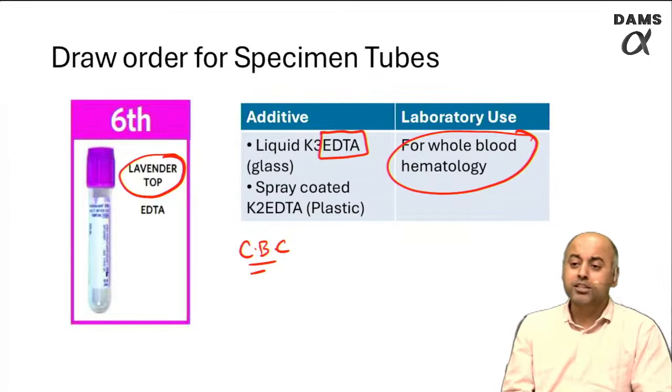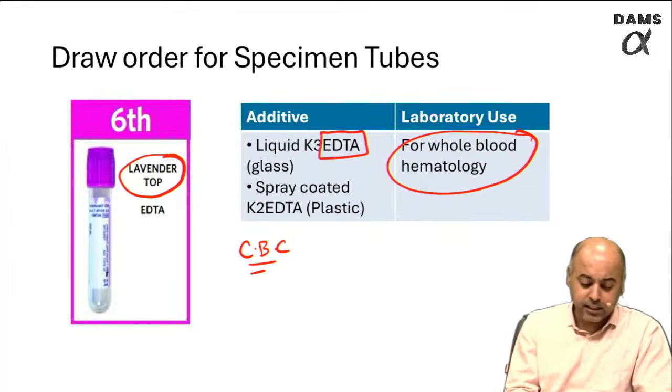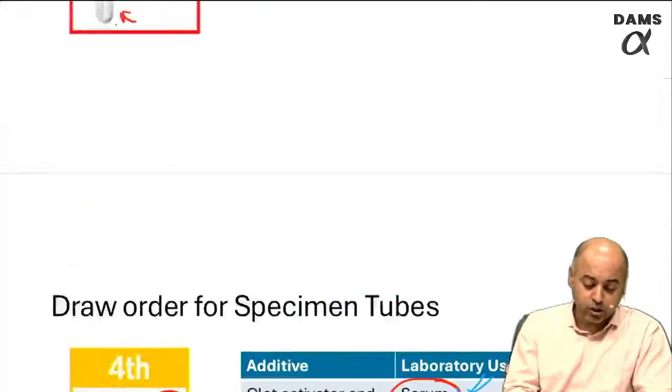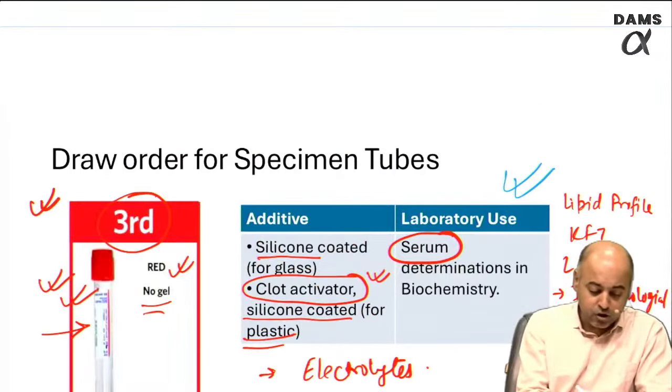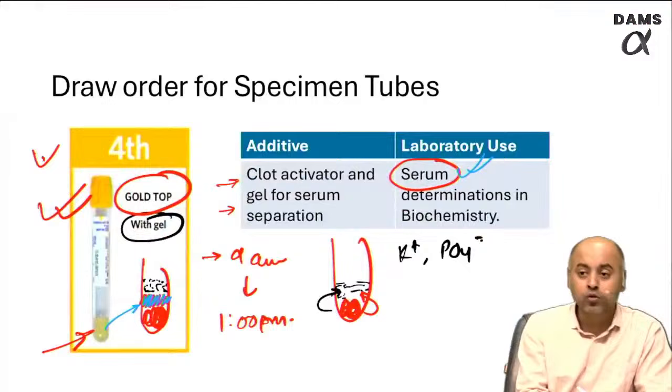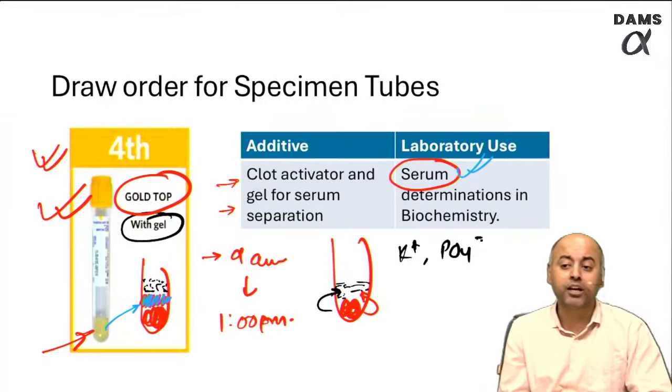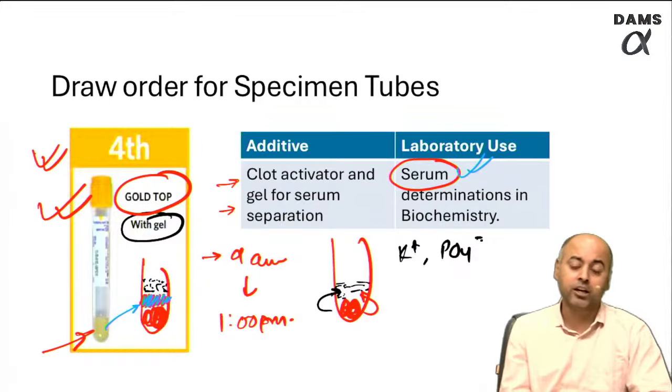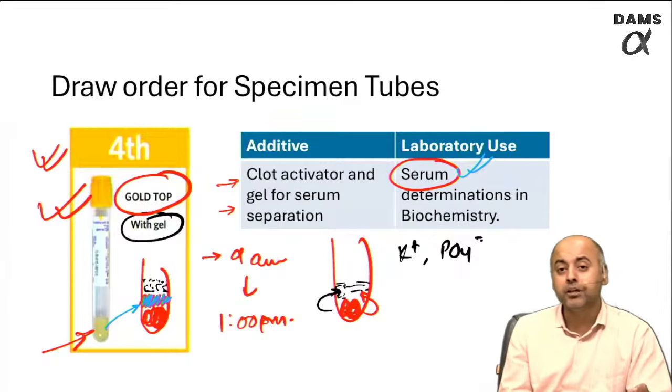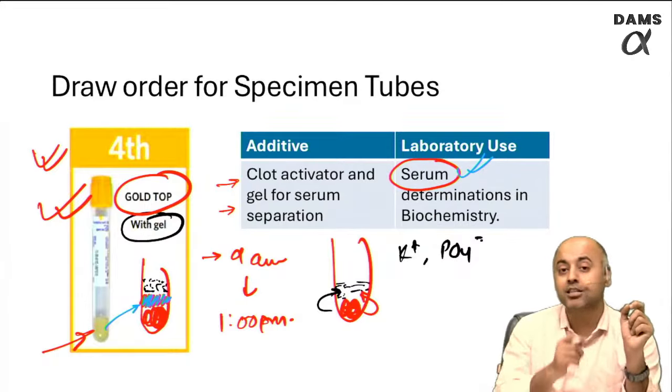For serum potassium and phosphate, these are tested in the serum. So you can either use the red top vial or you can use the gold top vial for the serum potassium and phosphate. Any of the two can be used. The consideration whether it will be the red top or the gold top can be determined based on the gap between collection and testing.